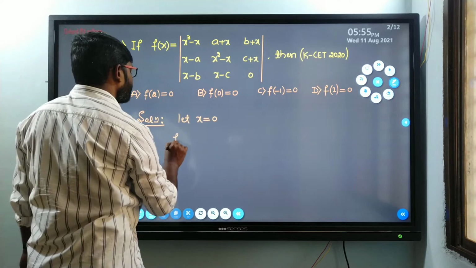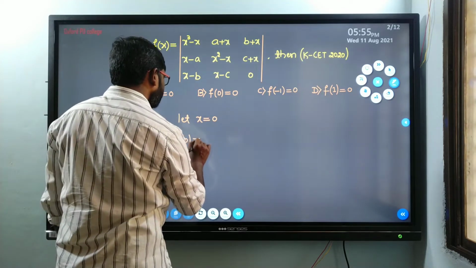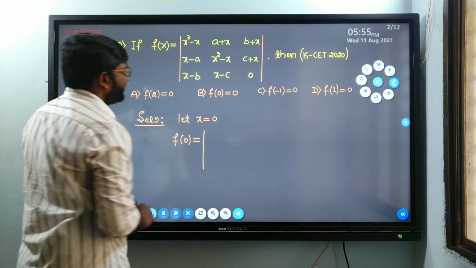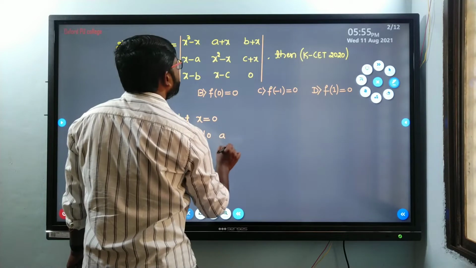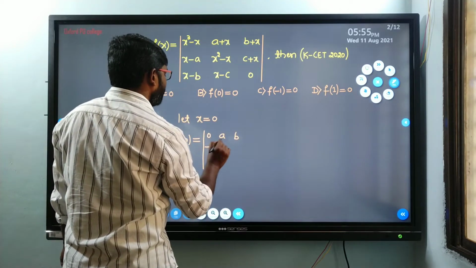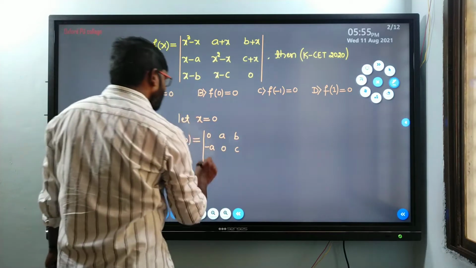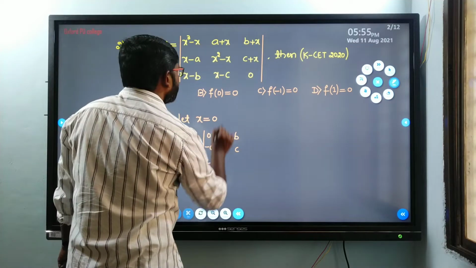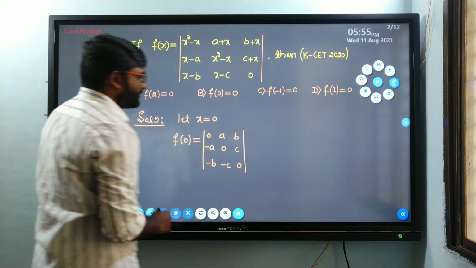What do we get now? f of 0 equals determinant of 0, a, b, then minus a, 0, c, and then minus b, minus c, and 0. Now observe this matrix.